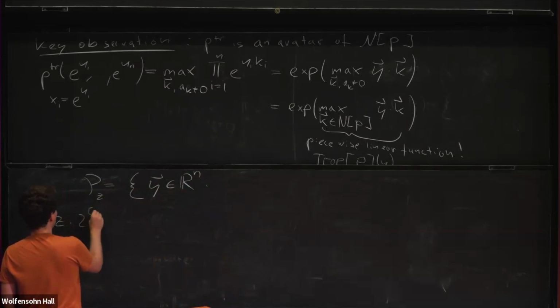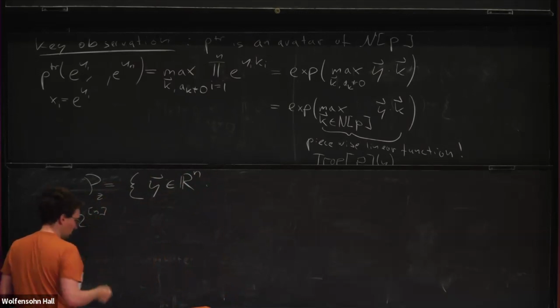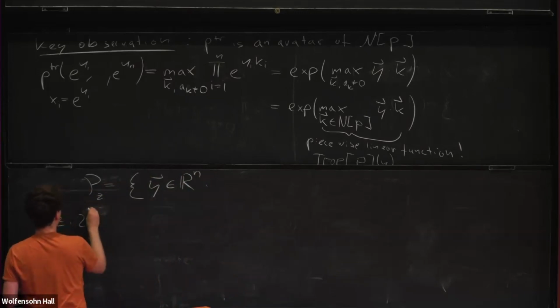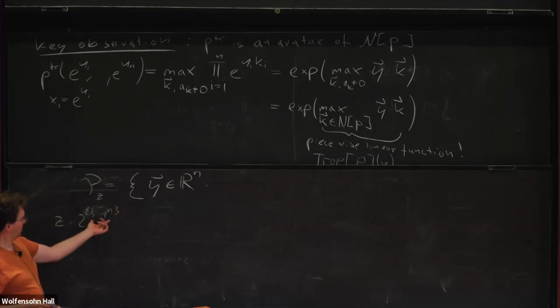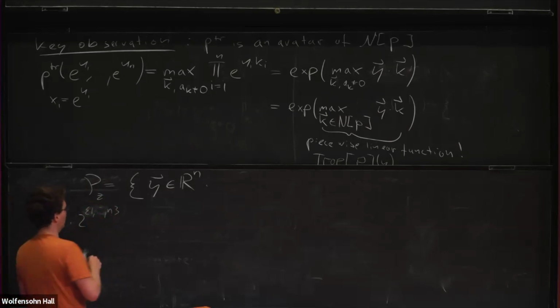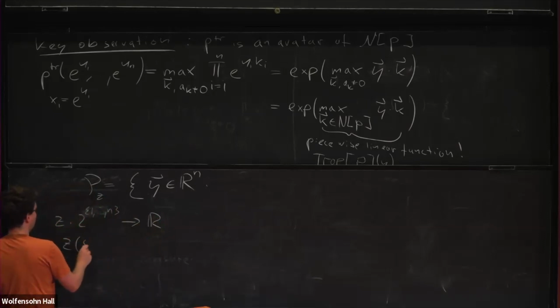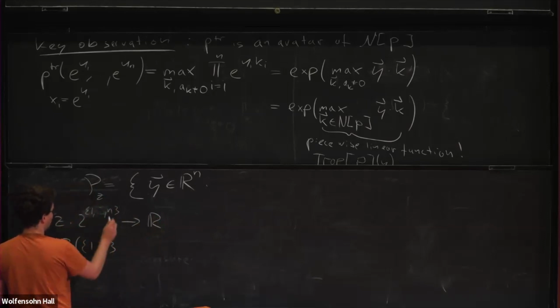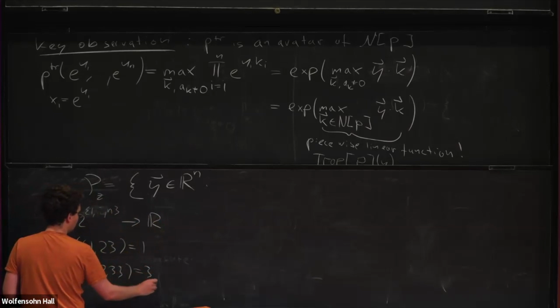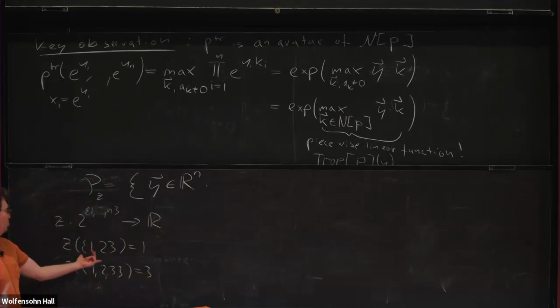It maps a subset. So it's a function from the set of subsets of 1 to n. This is a function that assigns some real value to each subset of 1 to n. So for instance, z of {1,2}, which is some subset when n is, I don't know, 3, can be 1, and z of {1,2,3} equals 3, and so on. So this is called a Boolean function.